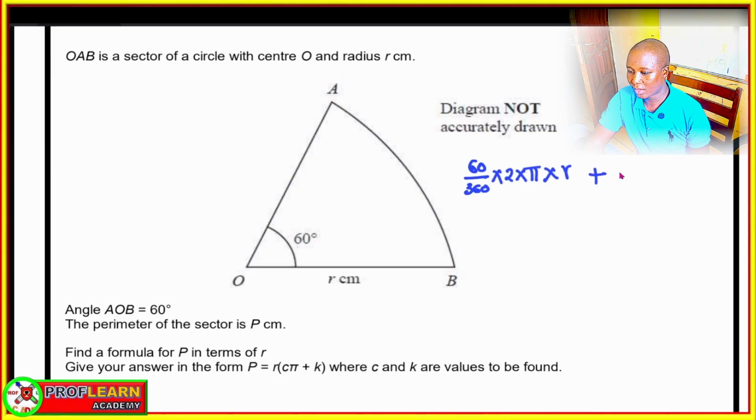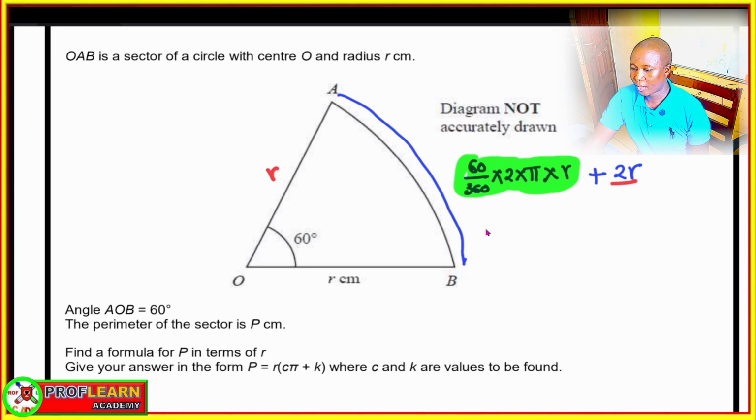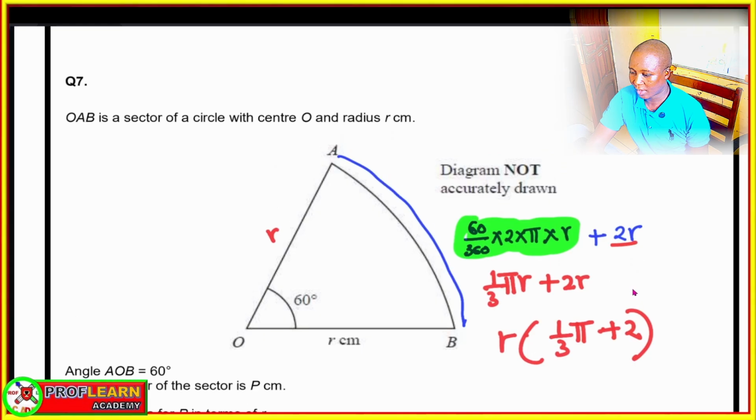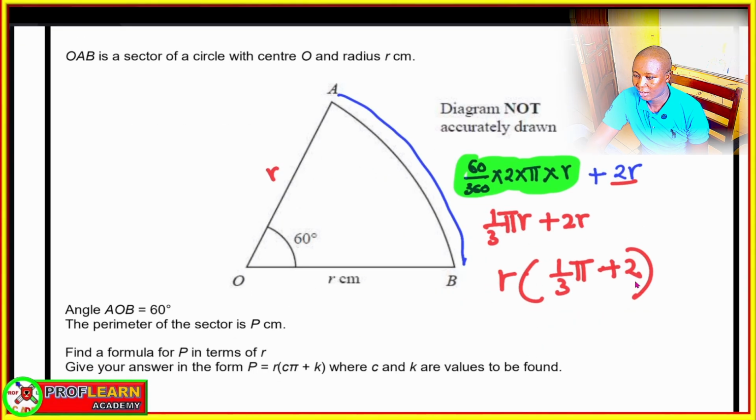So this is going 60 over 360 times 2 pi r, plus 2 times the radius. Then we can now simplify everything that we have there, and then we can factor out r the way the question was expecting us to leave our answer. Now once we have this, it is the final answer, because we are supposed to leave our answer in that particular form. Let me just move this down.